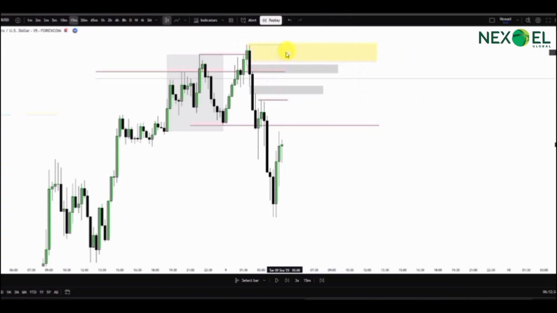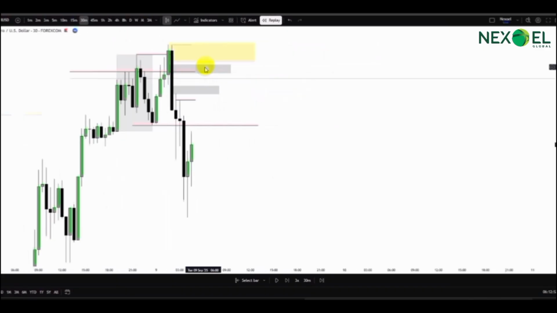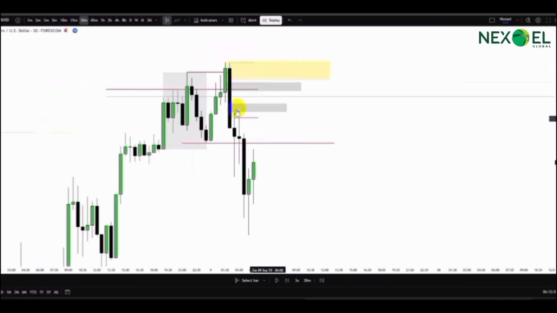In such a case, you want to be sure which one to consider. Now, this is the 15-minute time frame. You either go to the 1 hour or the 30 minutes. Let's say in the 30 minute, you're going to see the fair value gap here in the 15-minute time frame is inside this 30-minute bearish order block.